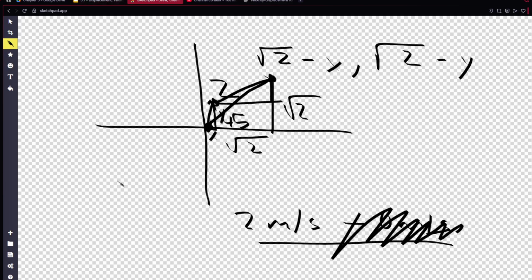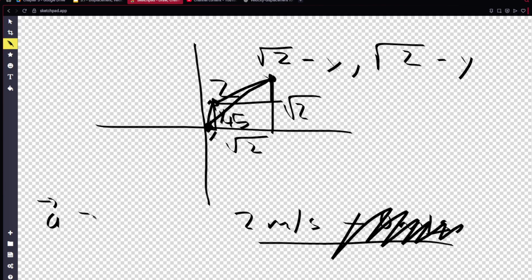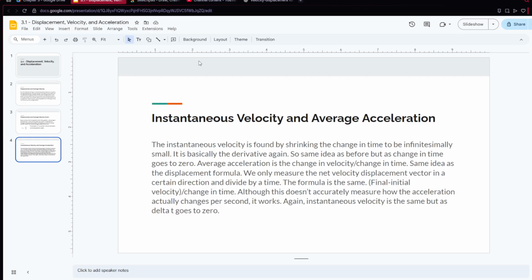So that's all it is. Average acceleration is just the change in velocity over change in time. But now we're introducing this in terms of a vector with an angle direction, because now we can say that the change in velocity or acceleration was this much at an angle of this. Slightly complicated to understand, but that's the logic there.